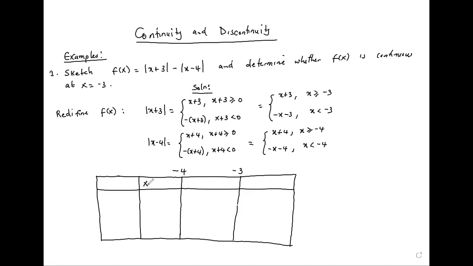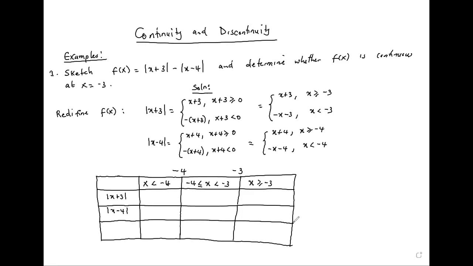We'll be looking at the interval x less than -4. Then we also have the interval -4 less than or equal to x less than -3. Another interval, x greater or equal to -3. And then we pick the modulus of x plus 3, the modulus of x minus 4, and then we form the function f of x.